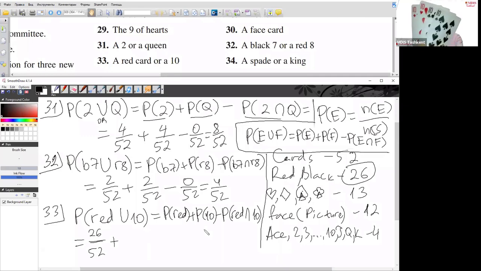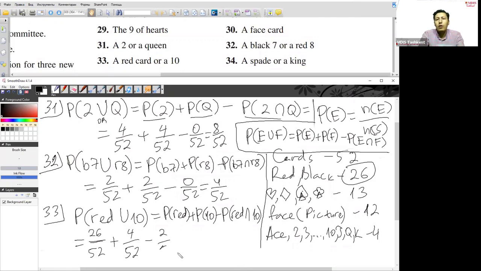So it is 4 out of 52. Minus, do you have a card which is red and 10 at the same time? Yes. Which one? These two. They are red and 10 at the same time. So we have 2 red and 10 cards.